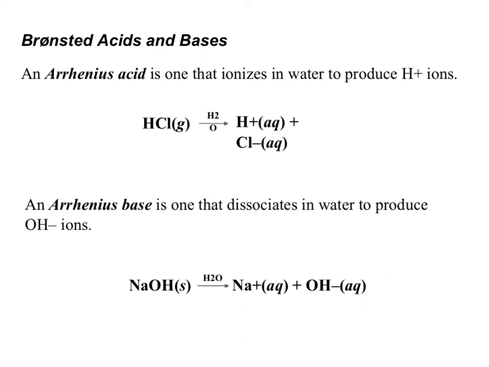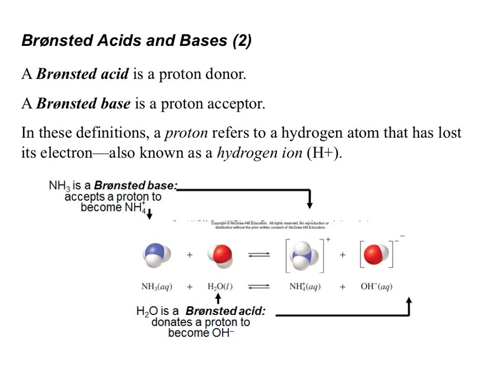The Brønsted definition is a bit more useful. A Brønsted acid is a proton donor, whilst a Brønsted base is a proton acceptor. In these definitions, a proton refers to a hydrogen atom that has lost its electron, also known as a hydrogen ion. For example, in this equation here, ammonia is reacting with water to form ammonium ions and hydroxide anions.